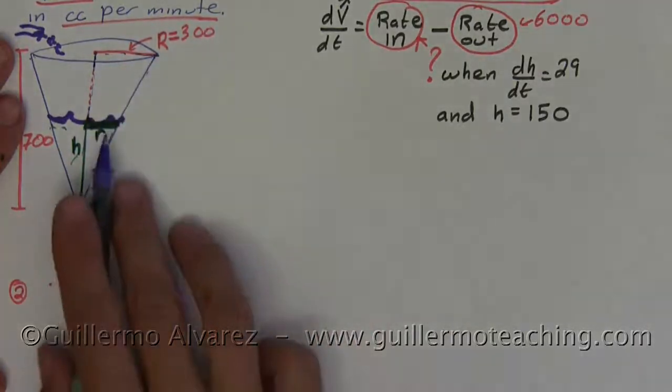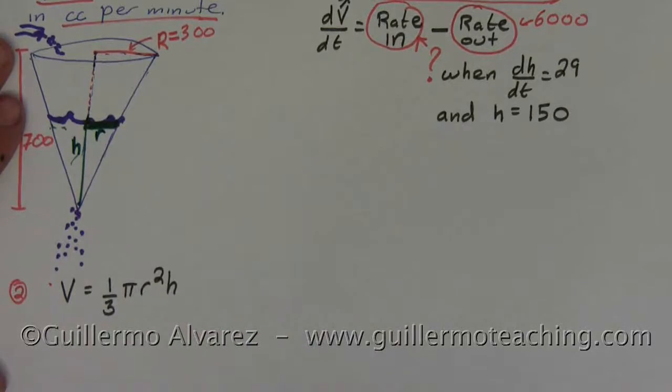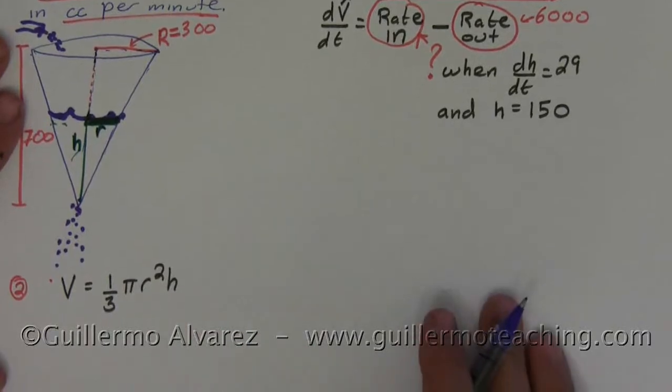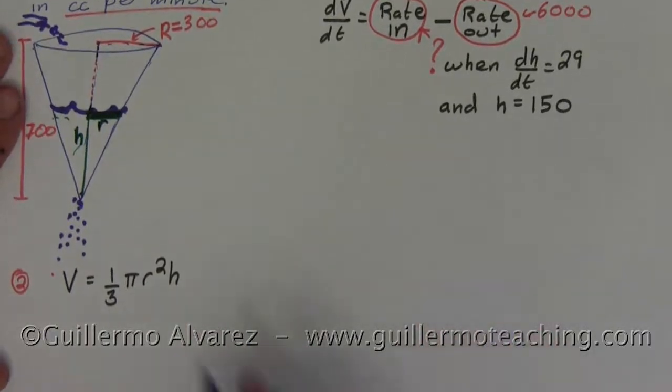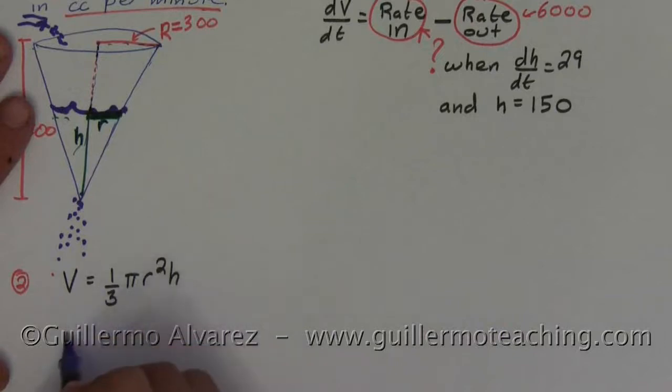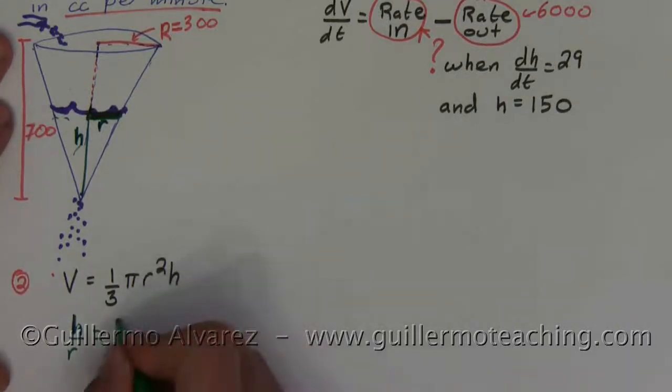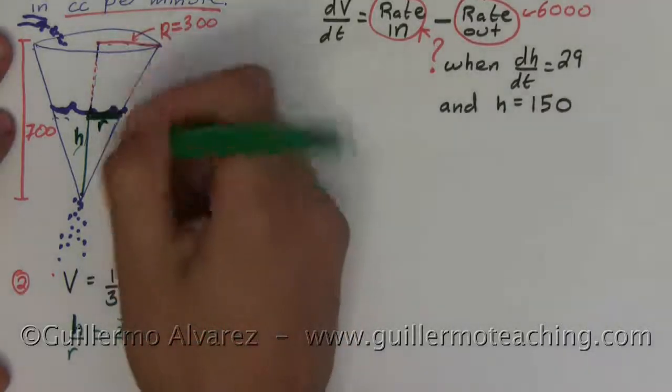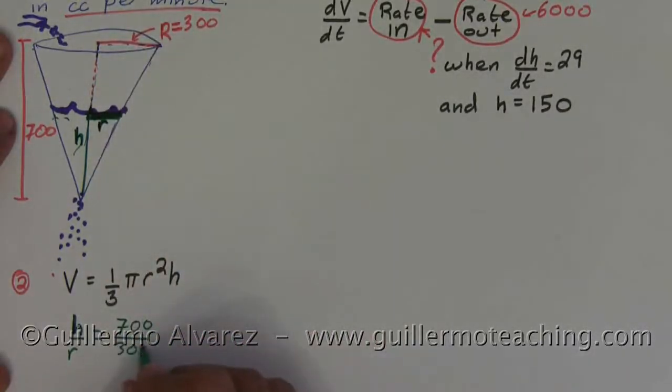These are similar triangles, so you can set up a proportion here. You can say that H over R is equal to 700 over 300.